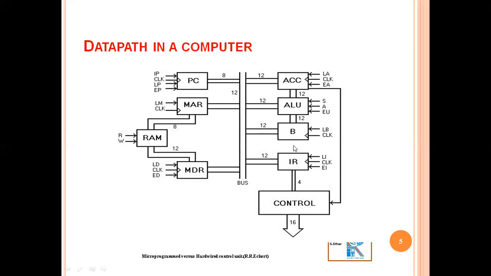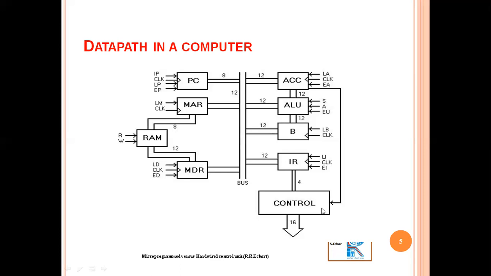B is a general purpose register. IR, the instruction register, is a special purpose register. These all are the control signals there. There are a total of 16 control signals, and obviously there is a clock there. Clear? So here this is the design of a small digital computer.